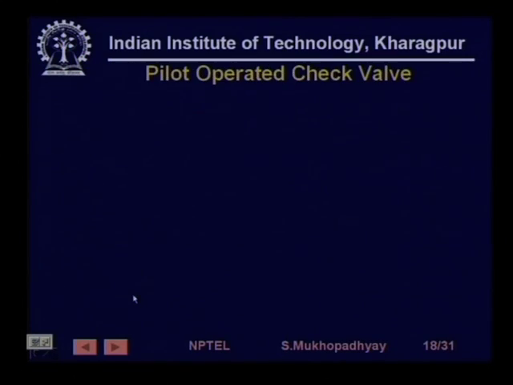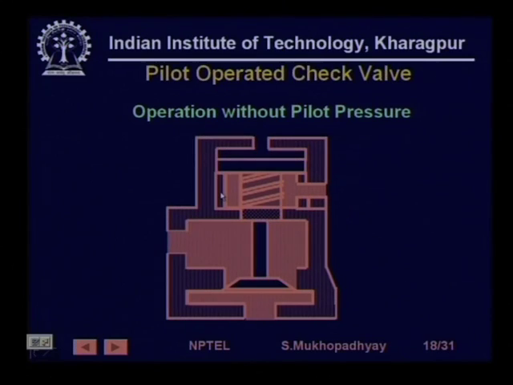Having seen the one-way check valve, sometimes we need other valves. We will demonstrate a case of pilot operated valves, because sometimes we want that in the normal condition flow will be in this direction, but under certain special conditions the flow can be made in the reverse direction also. How do we ensure that?